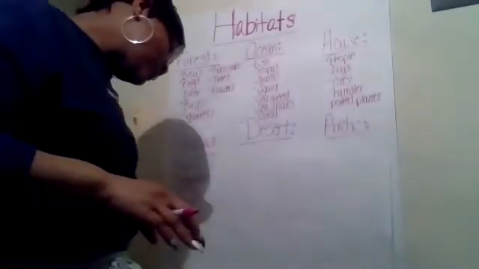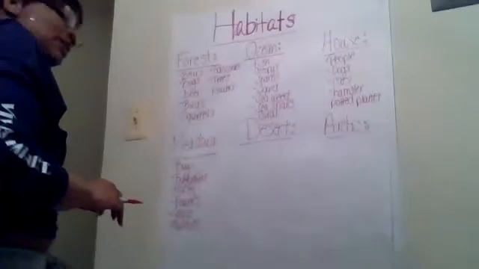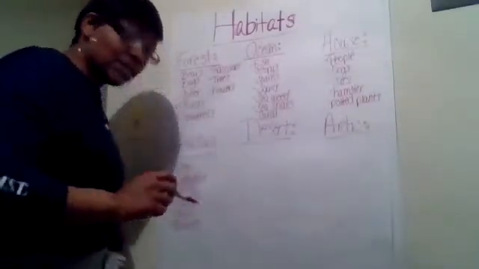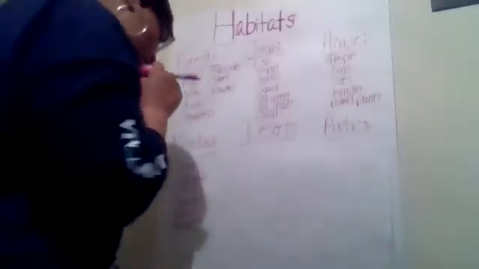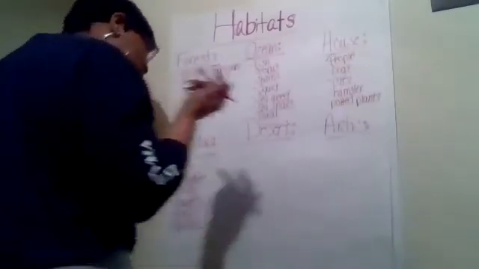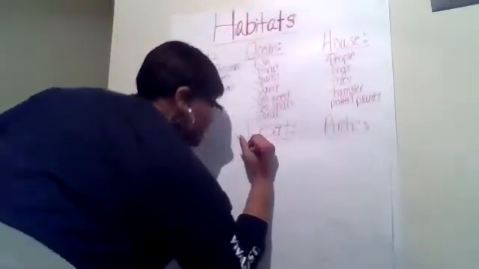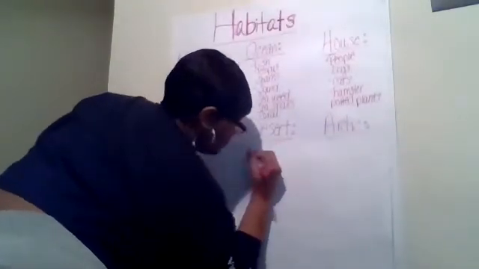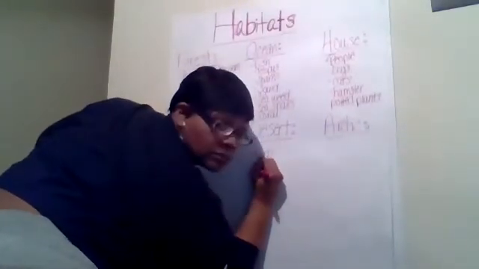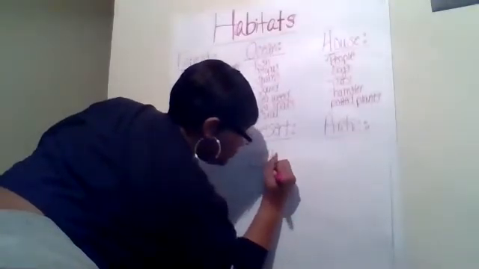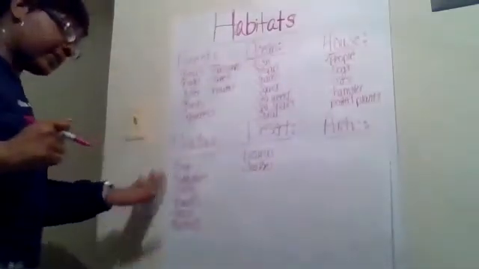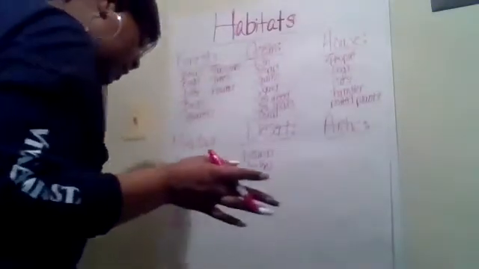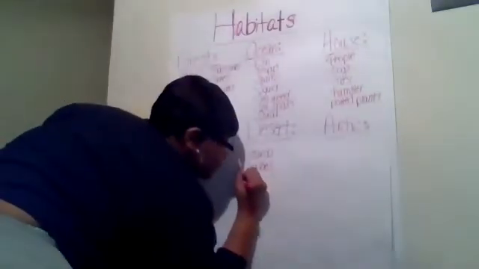What about in the desert? What are we going to see in the desert? Maybe we see some lizards and snakes, maybe. I think if I went to the desert, I'd probably see a scorpion.